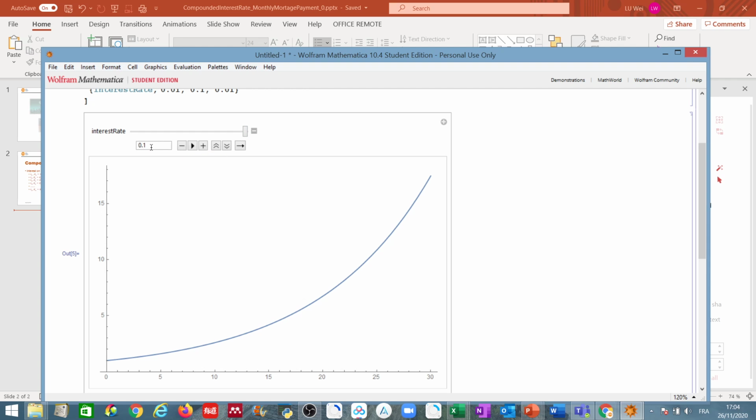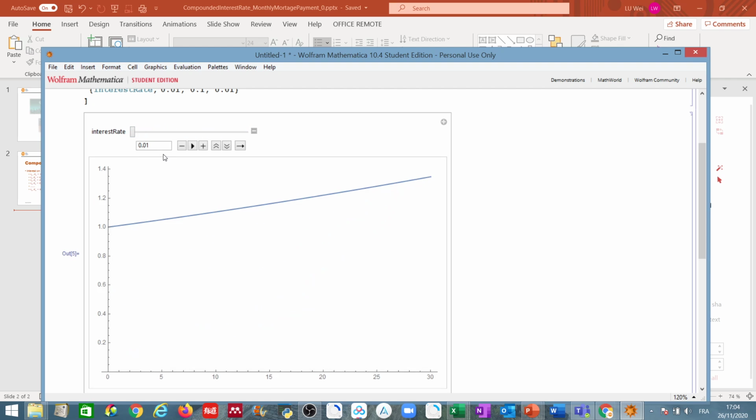With only a 10% interest rate, it becomes at least 17 times more at the end of 30 years. With an interest rate of 1%, it becomes only 1.4 times the beginning at the end of 30 years.